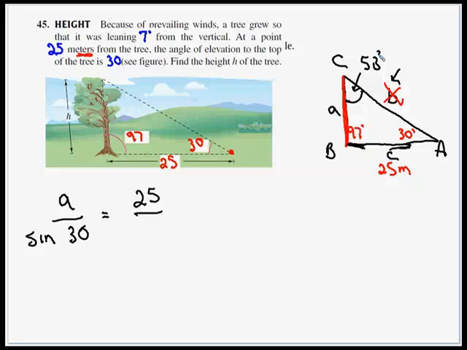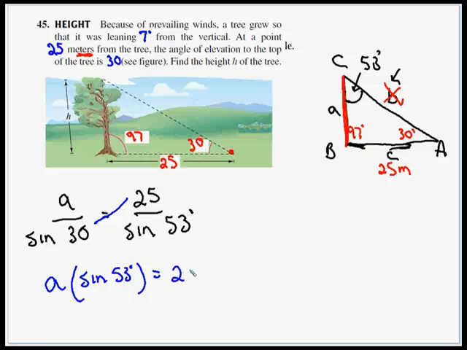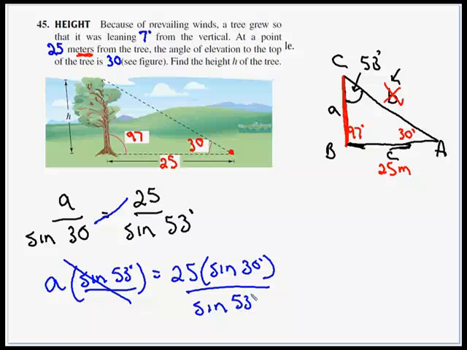So angle C is 53. Sine of 53. And then we cross multiply. A times the sine of 53 is equal to the other diagonal, 25 times the sine of 30. And then we divide by sine 53. You punch the buttons in the calculator, and you will find A, the height of the tree, is approximately 15.65 meters.